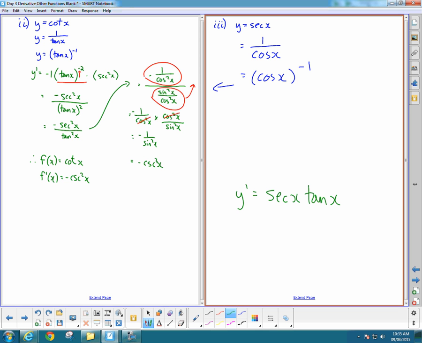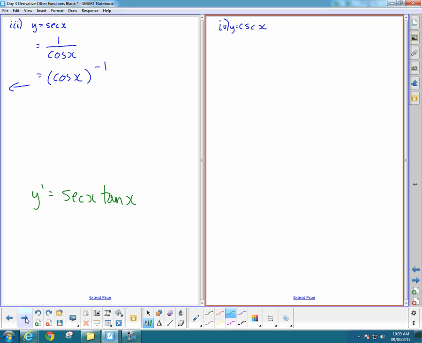The second one I'd like you to try, following the same procedure, is cosecant. That's the last one. Cosecant is 1 over sine x, or you imagine it as sine x to the power of negative 1. Then follow the same process.